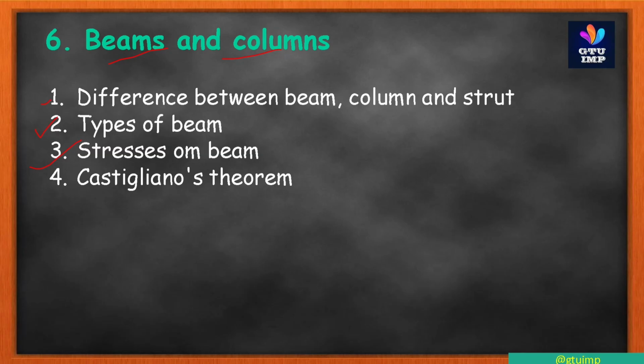And fourth is Castigliano's theorem. They are also most repeated questions, 4 questions in this chapter, and don't forget any of them, so prepare well for your upcoming GTU exam. We are going to the next slide.